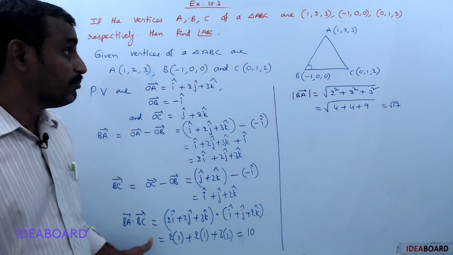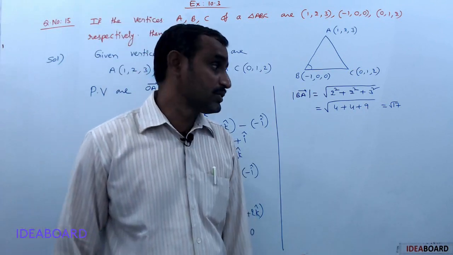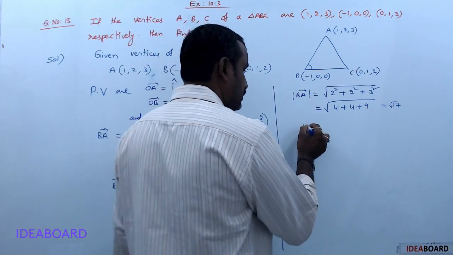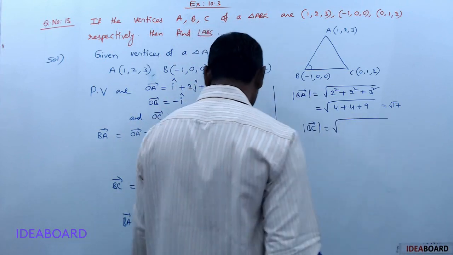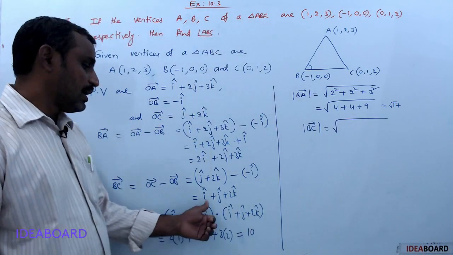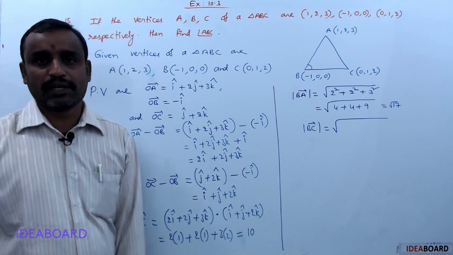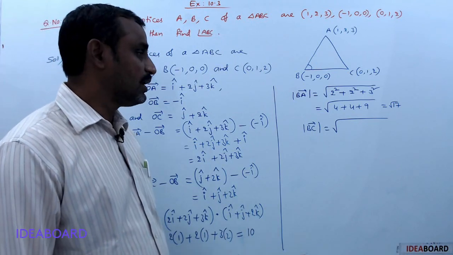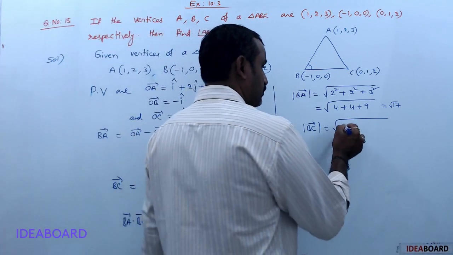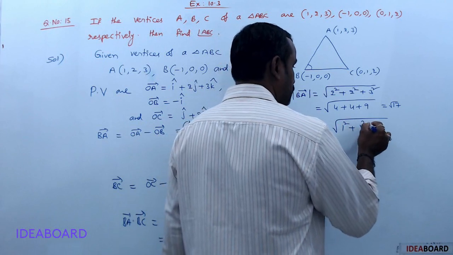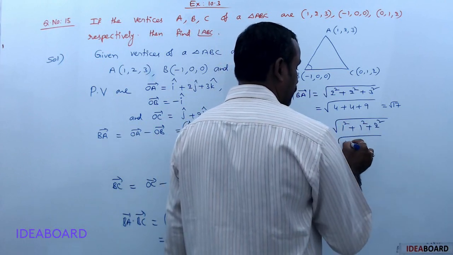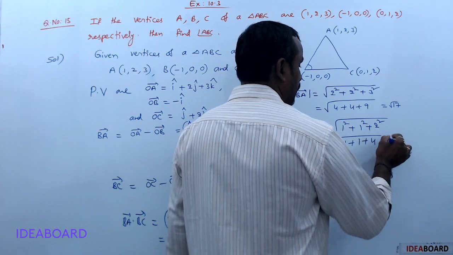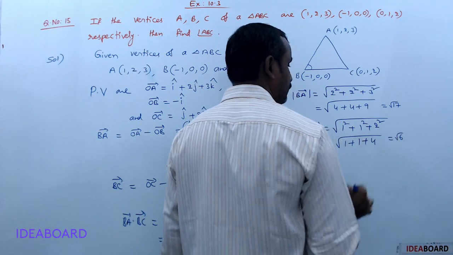Similarly, the magnitude of BC bar is the square root of 1 square plus 1 square plus 2 square, with components 1, 1, 2. That is root of 1 plus 1 plus 4, so the value becomes root 6.